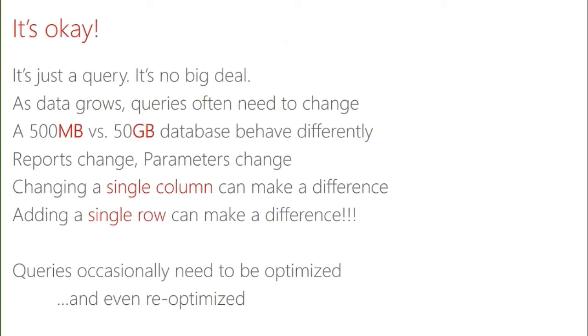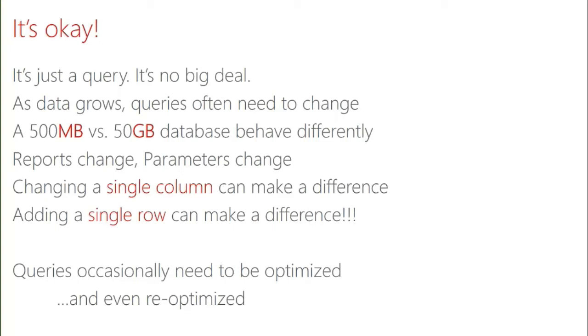Also, as reports change, parameters change. So if you modify a report that used to work fine, once you change that report or add a few parameters, it can completely change how that query runs, how SQL optimizes it, the indexes that are used, which we'll touch on. So all of those changes can affect query and report performance.